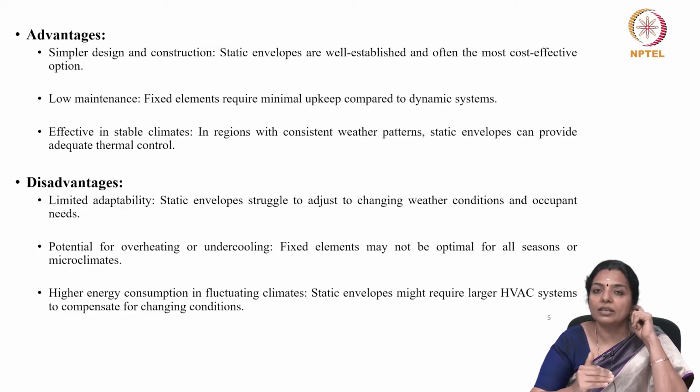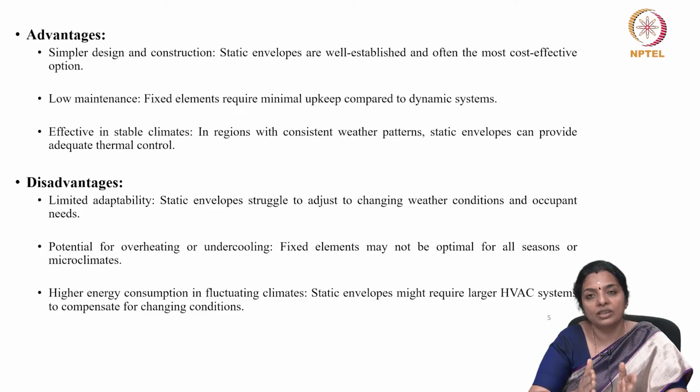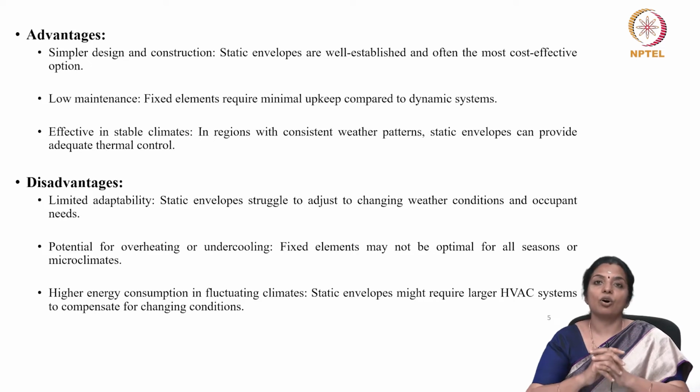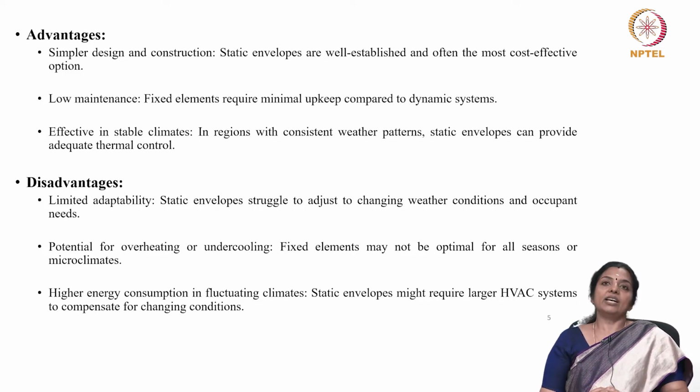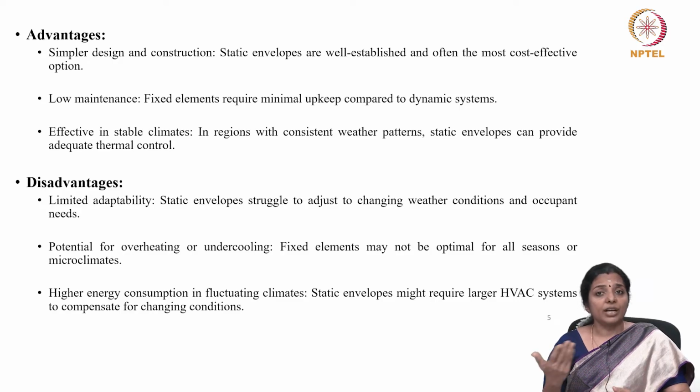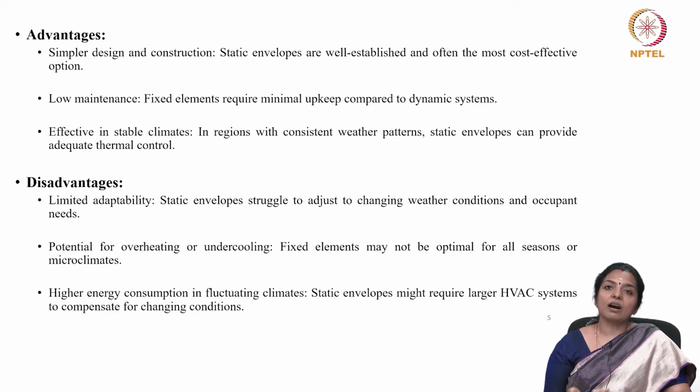All our focus on this is because these can become high energy consuming, and therefore the operational carbon and operational energy of buildings having this kind of envelopes can keep on increasing. What happens as an offshoot? This keeps on continuing. So operational energy keeps on increasing in these buildings, and therefore operational carbon also keeps on increasing over a period of time.